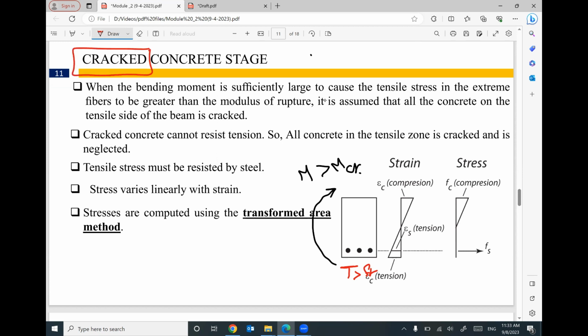If the concrete is cracked, we can throw it in the trash. No need for concrete in tension which is cracked. Keep in mind, we have the neutral axis here. The concrete at the bottom, throw it to trash, because this part is under tension, and this tension will cause cracks.